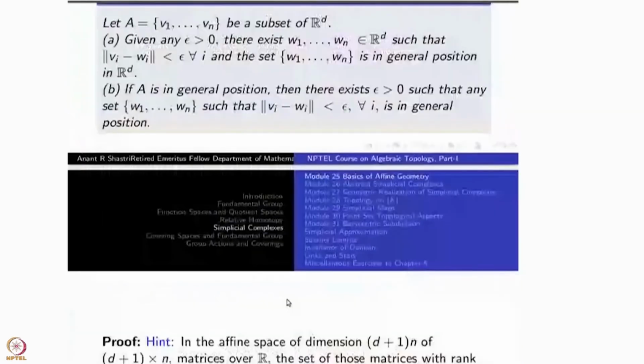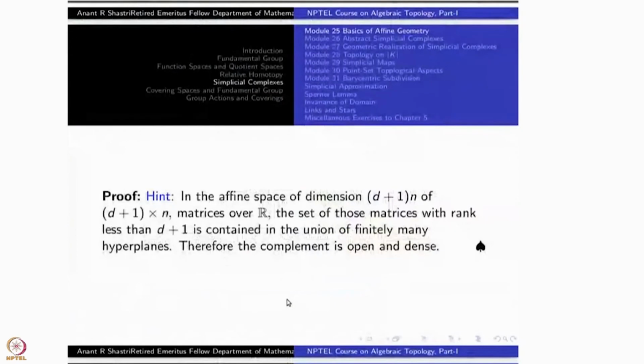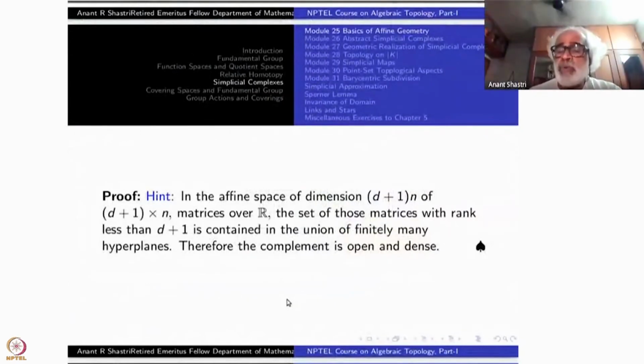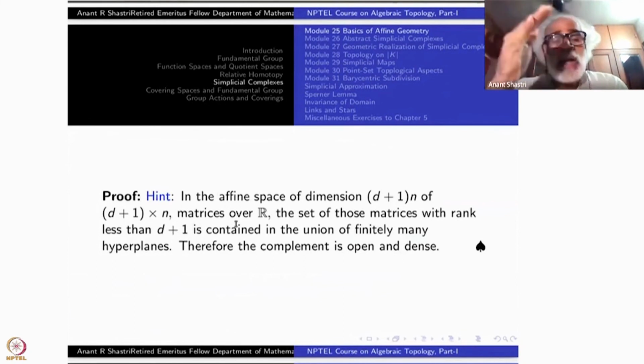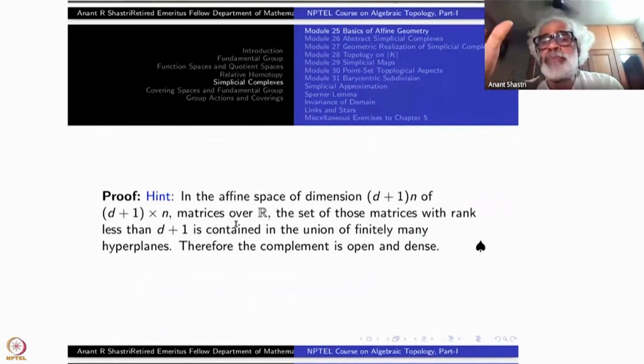The proof, as I told you, just follows from the dependency of vectors. It's a closed condition. Consider the affine space of D plus 1 cross n matrices over R. I am taking D plus 1 rows and n columns.